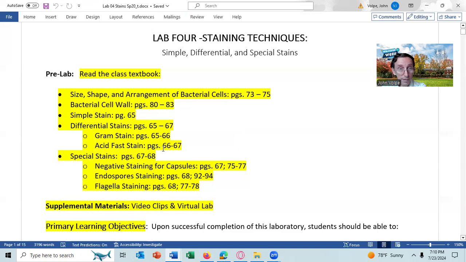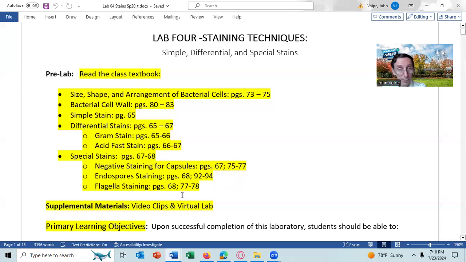And then read about special stains, page 67 to 68, the negative stain, staining for capsules, which is on page 67, and then page 75 to 77, the endospore stain on page 68, in page 92 to 94, and then the flagella stain on page 68 and page 77 to 78.